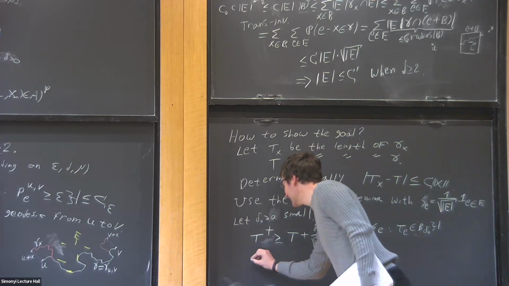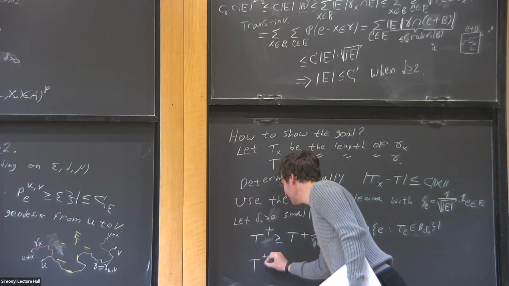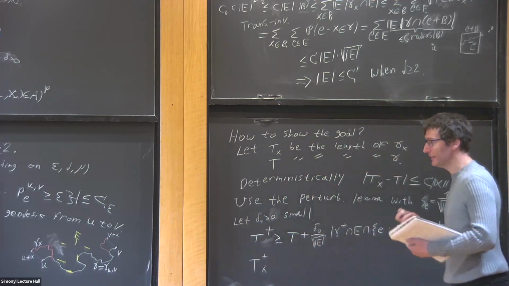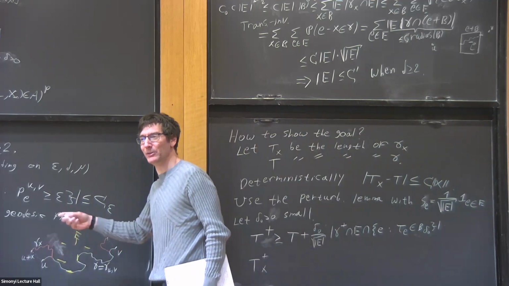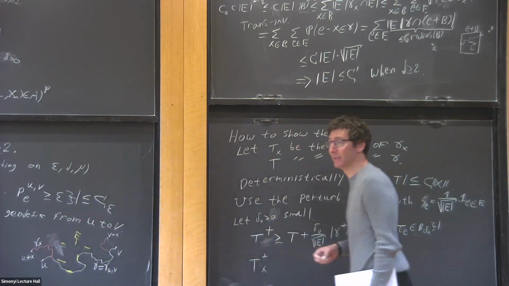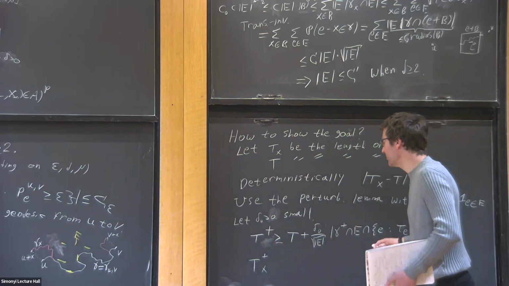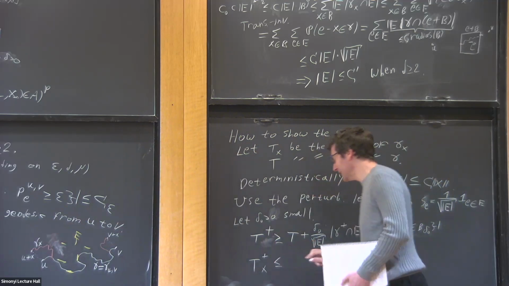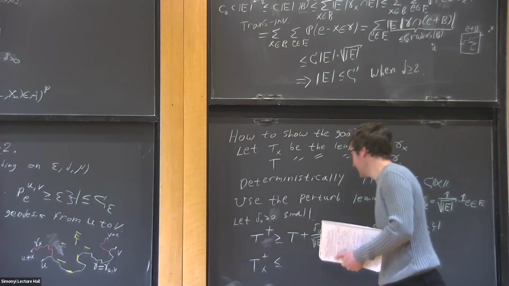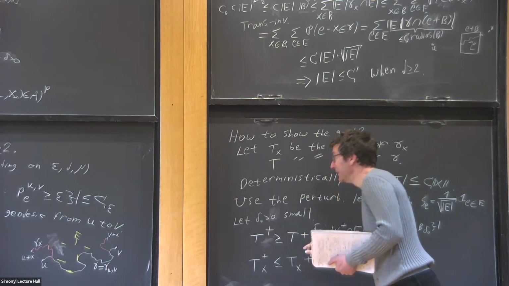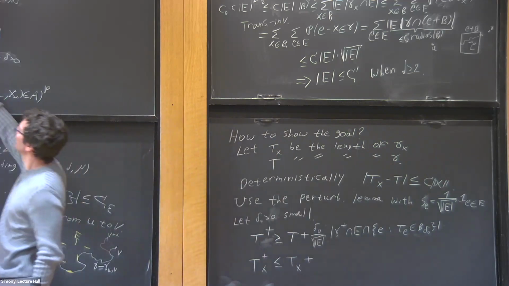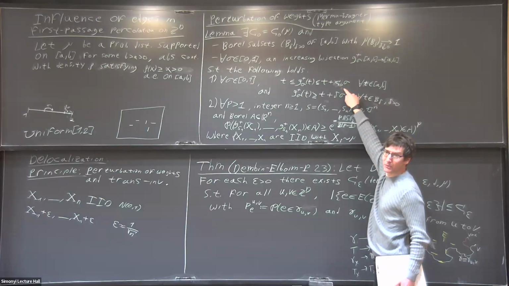On the other hand, what can I say about t plus x? So this is the passage time of the new geodesic, the other geodesic, in the new environment. It also increased, they have to increase, but it didn't increase by much. It's at most what it used to be, plus the maximal possible increase of a weight is C0 sigma.